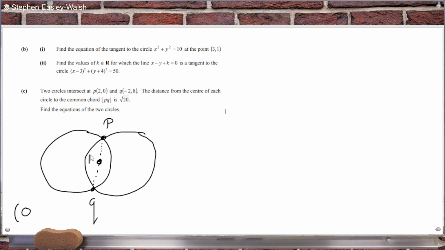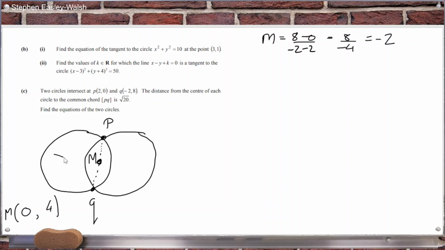Let's call it M. It'd be (0, 4). I could get the slope of that line. So it would be 8 minus 0 over minus 2 minus 2, which is 8 over minus 4, which is minus 2. So I realize I haven't drawn this accurately.